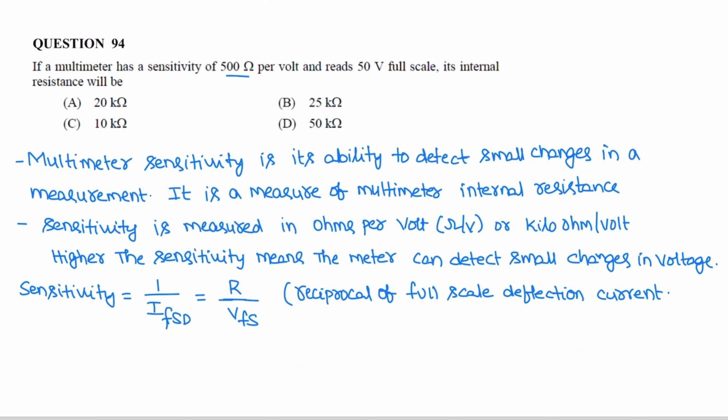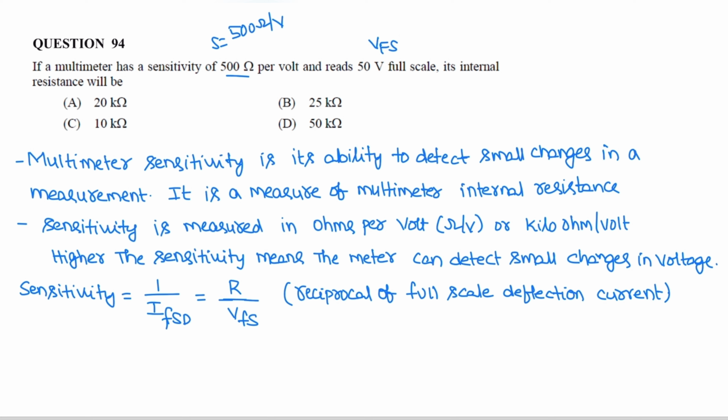Next question. If a multimeter has sensitivity of 500 ohm per volt and reads 50 full scale voltage, given full scale voltage VFS is 50 and sensitivity is 500 ohm per volt. So sensitivity is 1 by full scale deflection current, that is resistance by full scale voltage. Reciprocal of full scale deflection current is sensitivity.